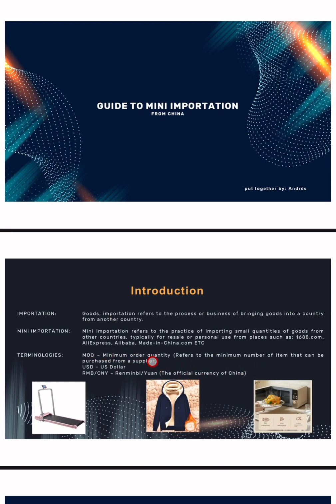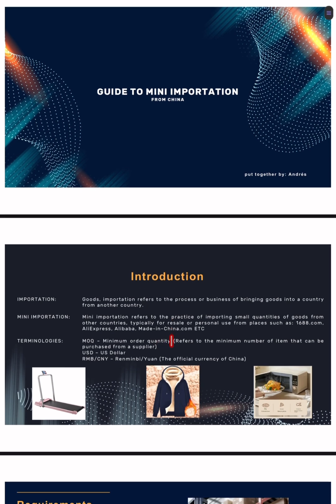USD is US dollar. Anywhere you see me mentioning CNY or RMB, it's yuan. That is the Chinese yuan, the official currency in China. And basically, these are just the terminologies you'll be hearing frequently during the course of this tutorial.